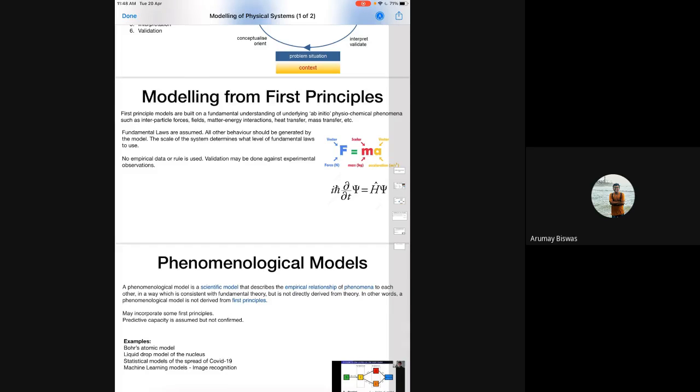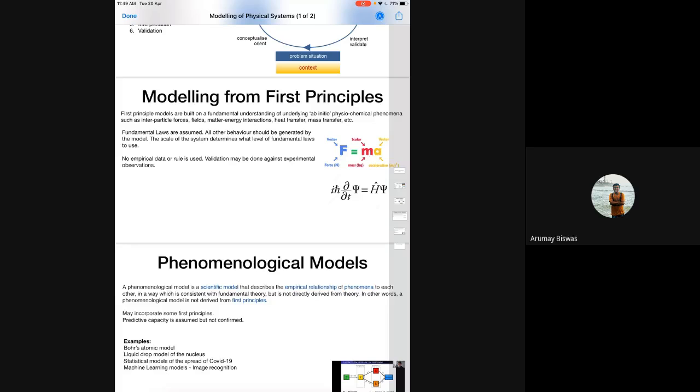I don't know, maybe in biology it's not so easy to do, but this is when you use fundamental laws to construct your model. So first principle models are built on a fundamental understanding of underlying ab initio, which means from the start, physiochemical phenomena such as interparticle forces, fields, matter-energy interactions, heat transfer, mass transfer, etc.